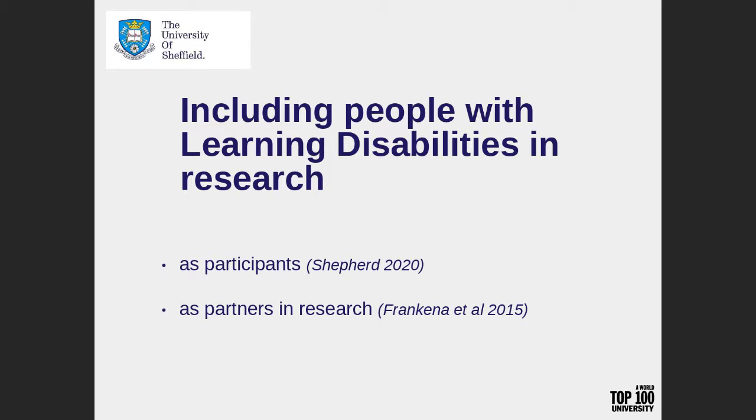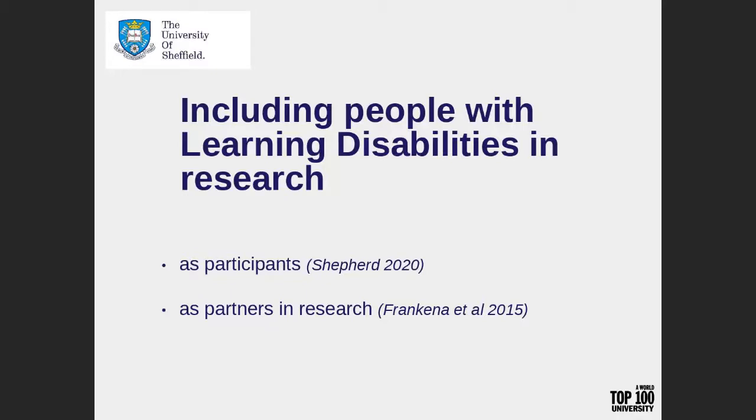And the drivers for this are, firstly, that all patients and people have the right to be involved in things that affect their lives, and that includes health research. Secondly, there's an increasing understanding that the experiential knowledge that experts by experience bring to research contributes to better outcomes, because those outcomes are more relevant, more credible, and more acceptable to end users of the research.